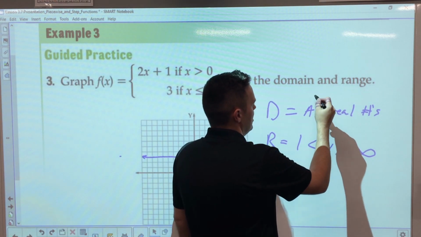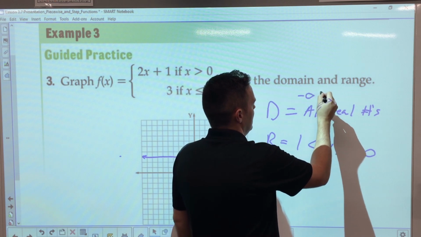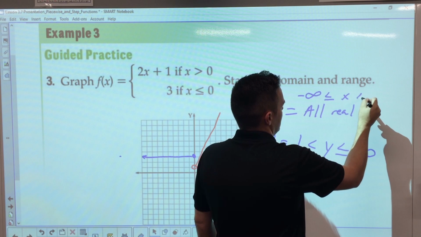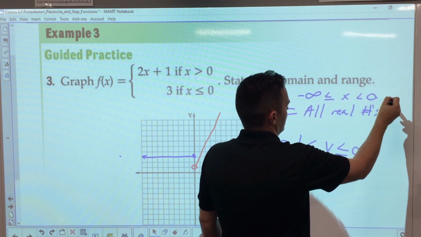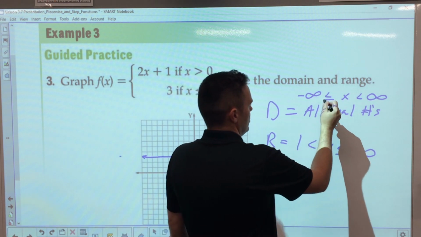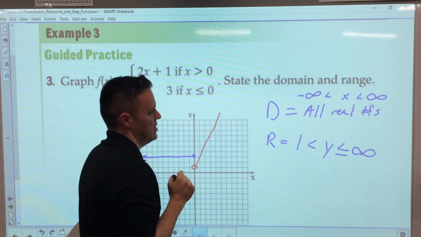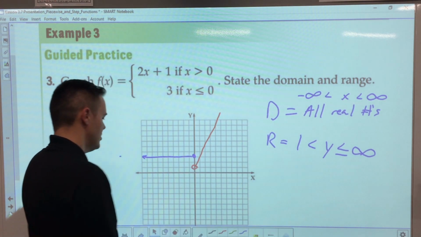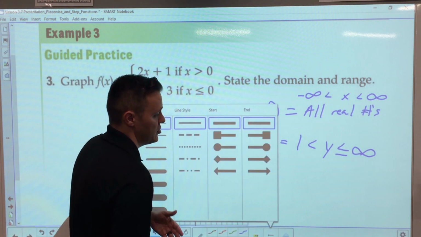Okay. Now on the domain here, if you wanted to do negative infinity to x, actually I'm not supposed to do the equal sign. I heard I get yelled at for that. So let me do this. So that would be another way to write your domain. Ladies and gentlemen, we'll go over this again on your homework.